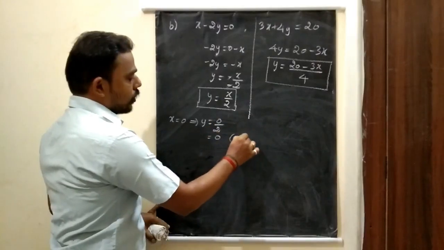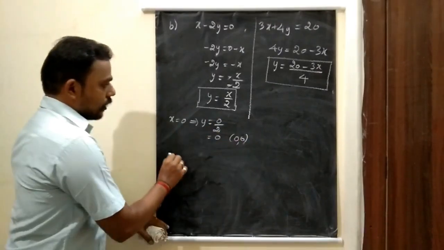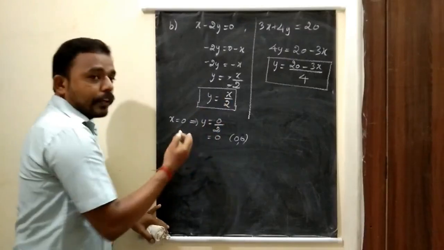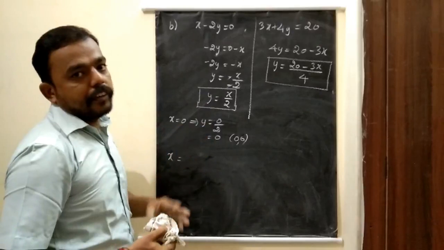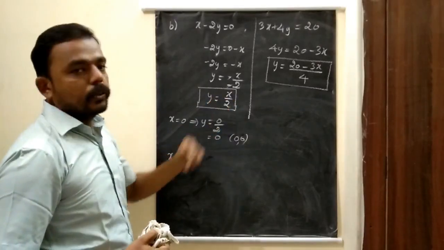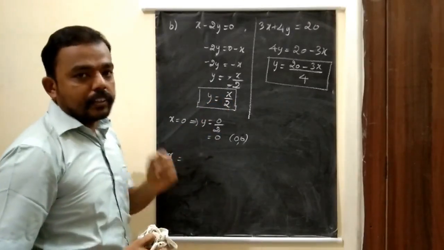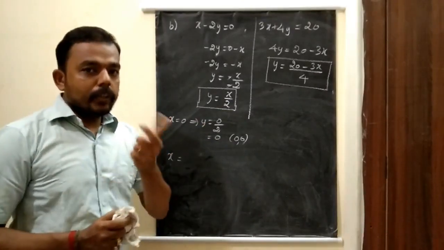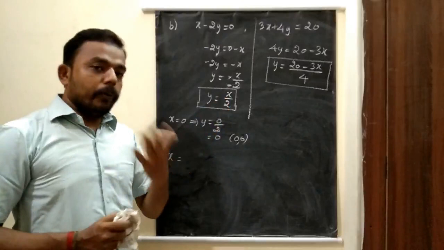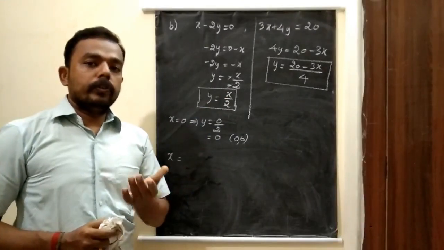So the point 0, comma, 0. The same way, x is equal to, you can choose 1. If you have 1, then the answer is 1 by 2, 0.5, we need to avoid that. But you can choose a multiple of 2 in the numerator. This is the idea. So here 2 is the denominator. We need to write a multiple of 2 in the numerator: 2, 4, 6. This is the idea.